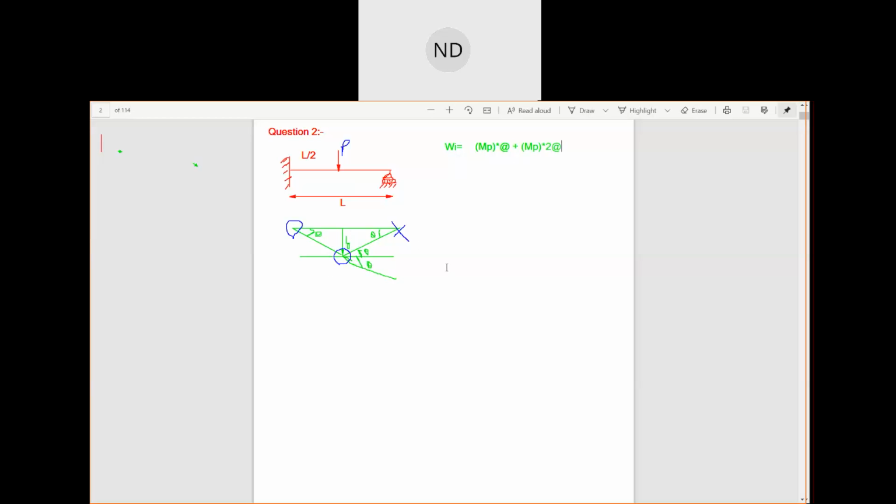And here we don't have any plastic hinge, so there is no plastic moment.